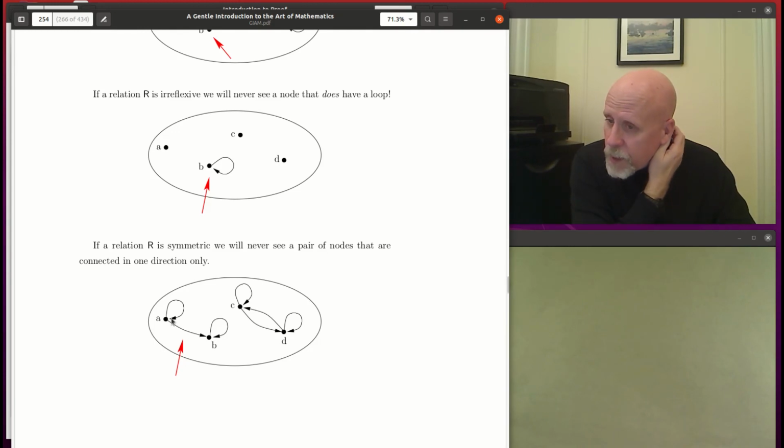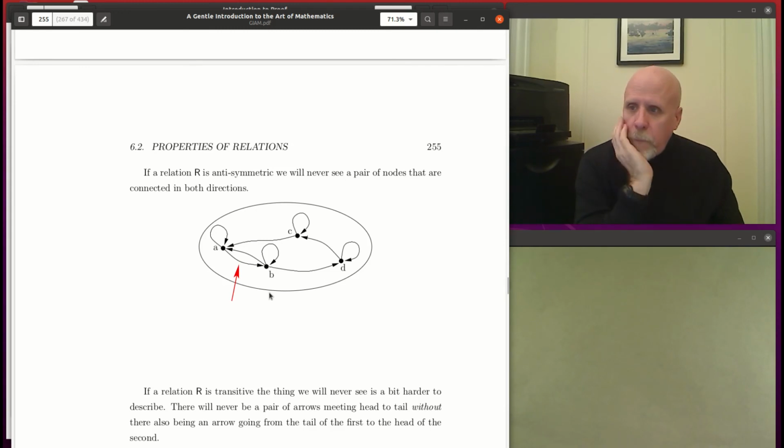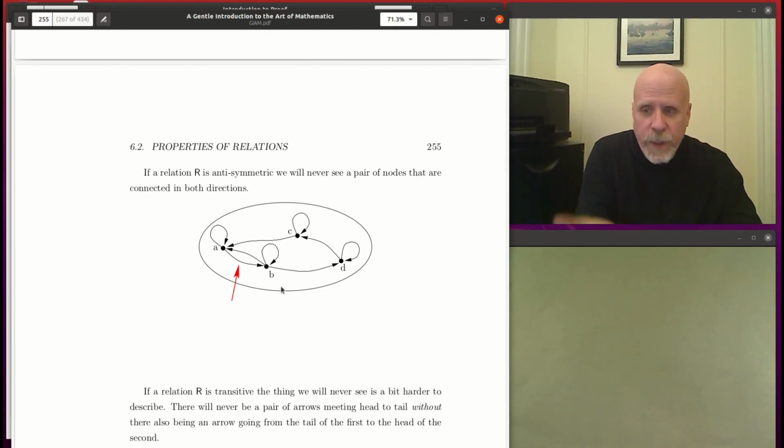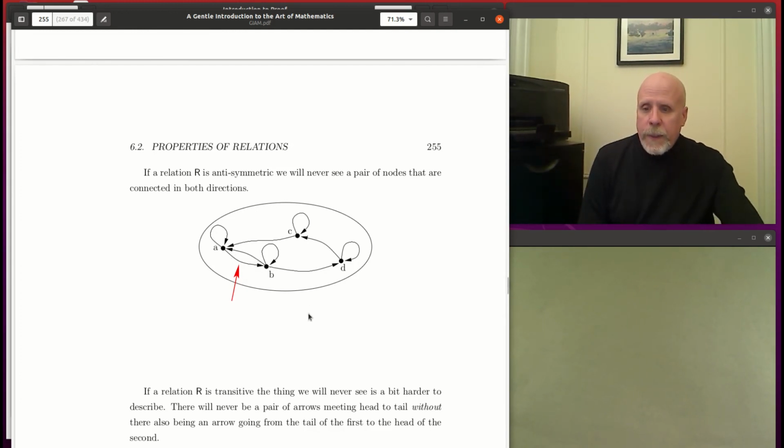But this single, unidirectional route from A to B tells you this is not a symmetric relation. Antisymmetric means everybody ought to only have one-way streets between pairs. If they're connected, they should be connected with a one-way street. And here we're seeing a two-way connection, so not antisymmetric.